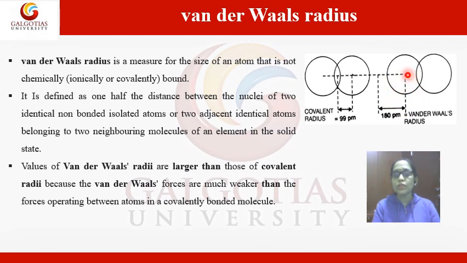The force of attraction between two non-bonded atoms is less, so the van der Waals radius is larger, but the covalent bonding force is more than the van der Waals force, so the covalent radius is smaller. Here we are seeing the van der Waals radius between two isolated, non-bonded atoms of different molecules. So van der Waals radius is always greater than the covalent radius.